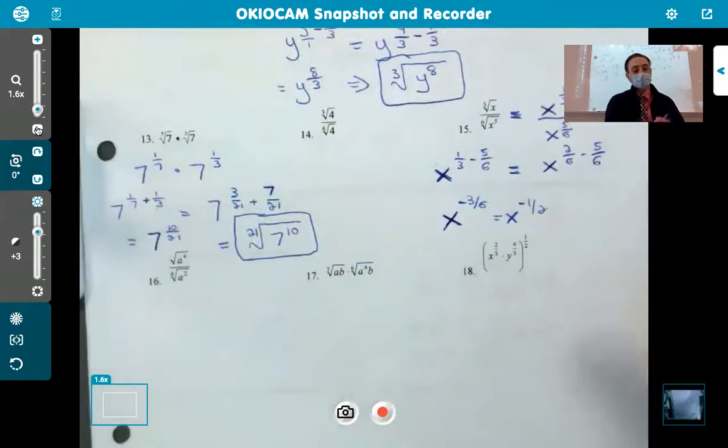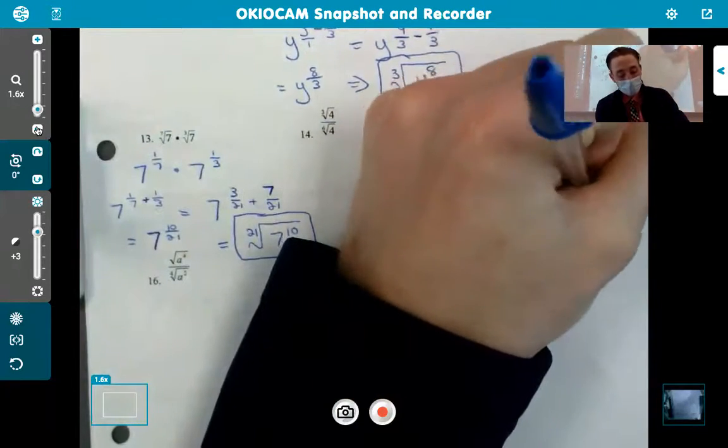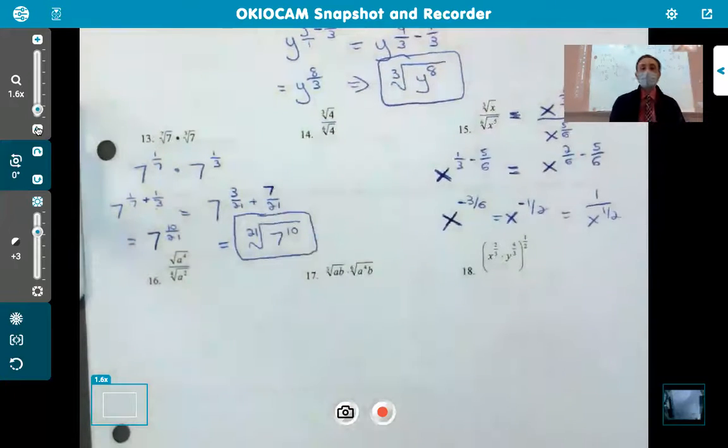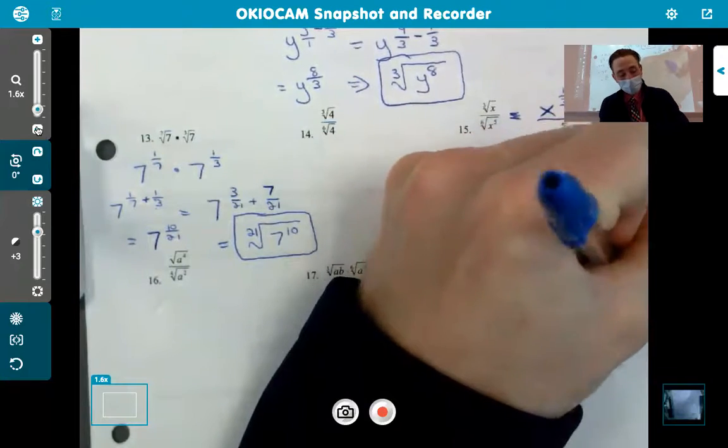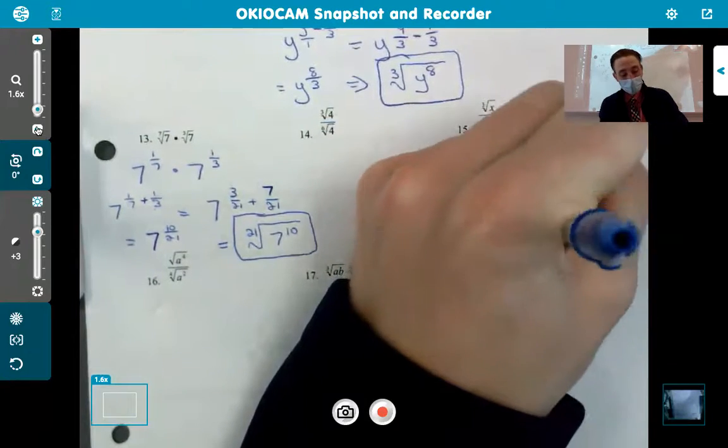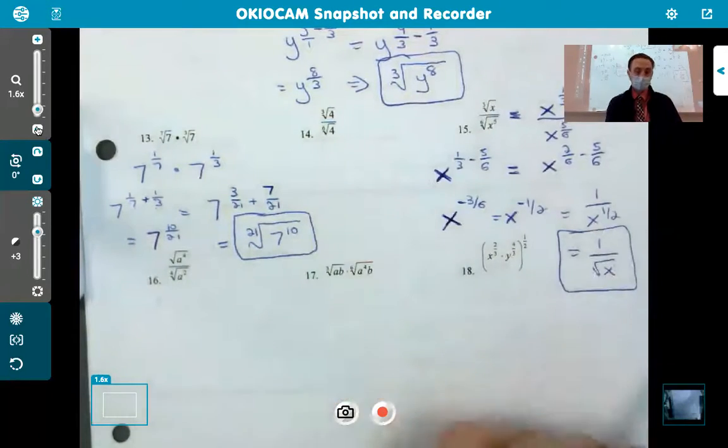It's the same thing. I have 1 over x to the positive 1/2 here. And we know that anything raised to the 1/2 power is the same thing as taking the square root. So this is really 1 over the square root of x for your final answer, because I still have that fraction. I want to write it in radical form.